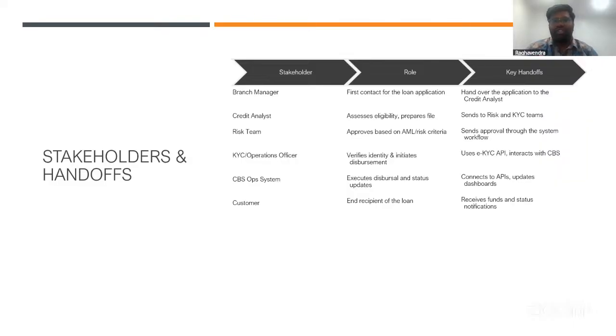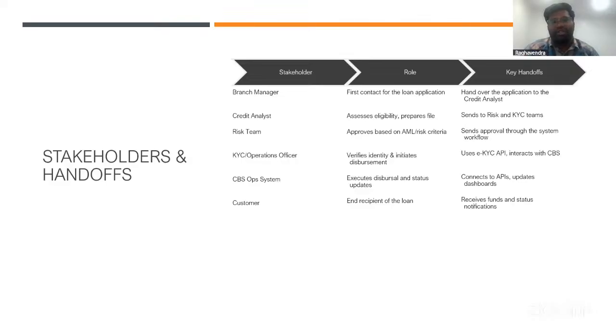As I mentioned, there might be fraudulent applications, so that's what they do, the AML risk test, and they send it through the system workflow. Next, it goes to the KYC operations team. They identify the customer, who they are, and the reliability of their identity, and they initiate the disbursement. The operations team does the disbursement of the funds.